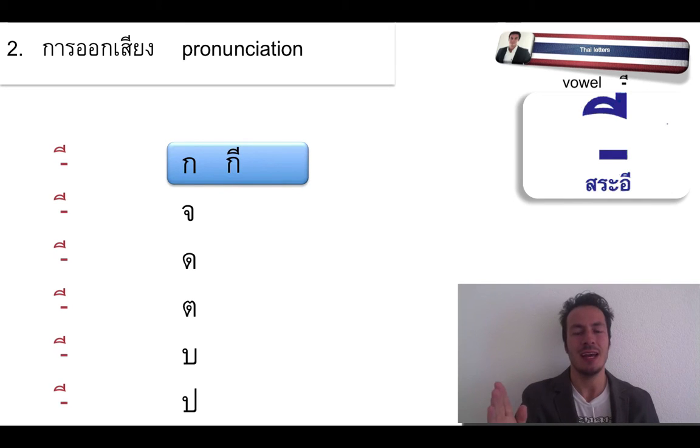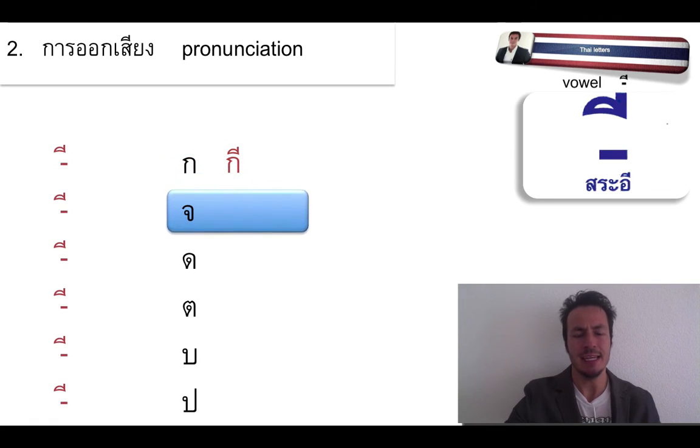So ga gai plus E, ga E, gi, gi. Okay, I would like you to speak after me. Gi.